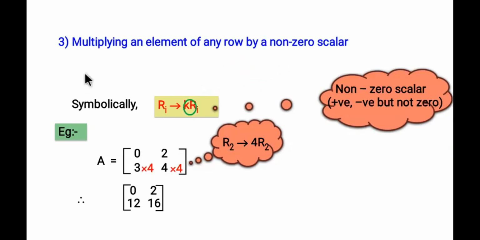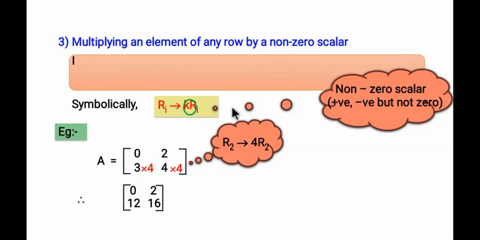Okay, so this is your third operation, which is multiplying the elements of any row by a non-zero scalar. So you're going to multiply a particular constant to all the elements of one particular row. This is the generalized way of representing it.